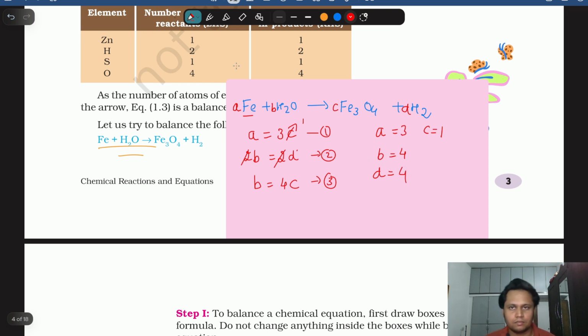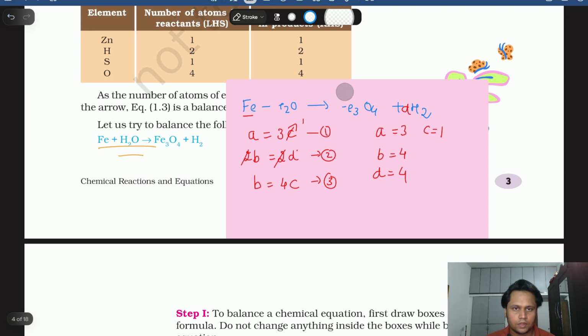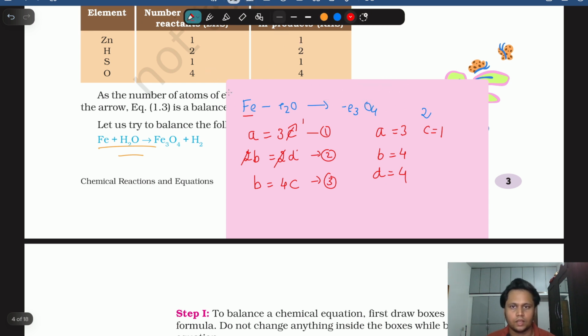Now everything is done. Actually you got the answer. Now you just need to replace that. Okay, you have to replace this A, this B, this C and this D. I have to write it again. So what is A? 3, right? 3 Fe plus how many? What is B? 4. 4 H2O gives, what is C? 1. 1 here Fe3O4, right?